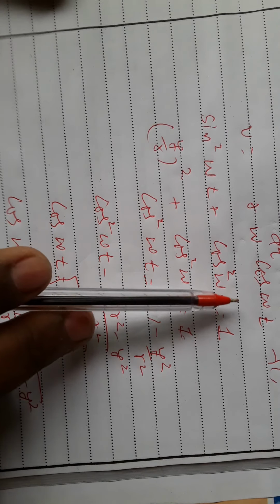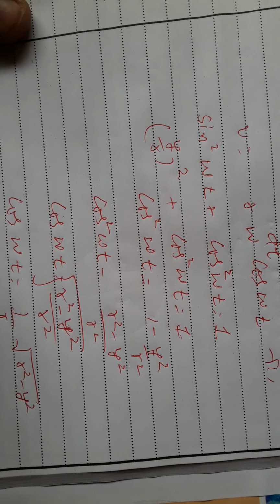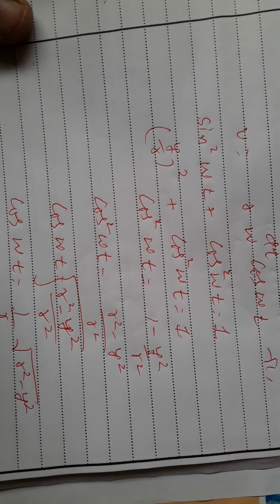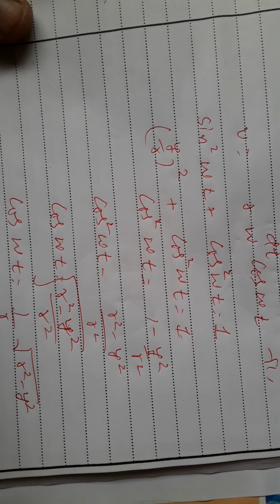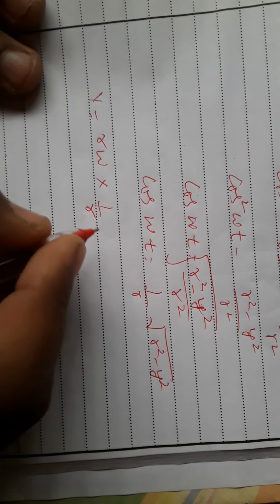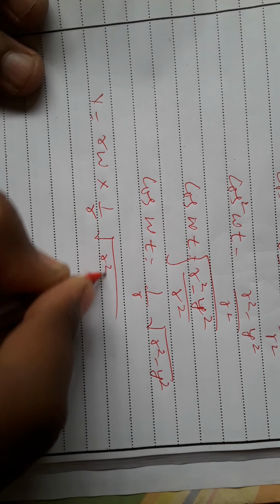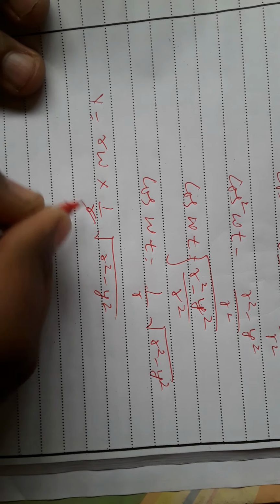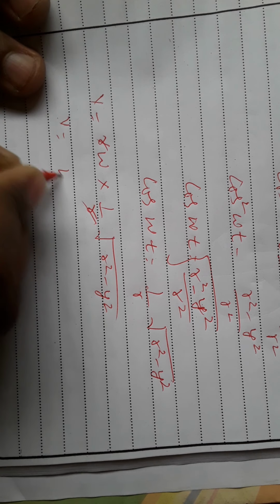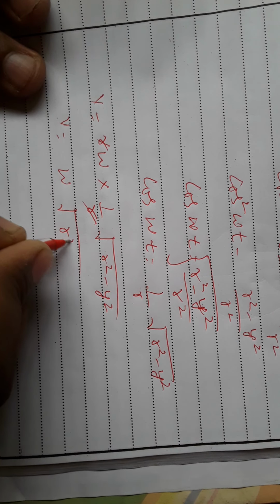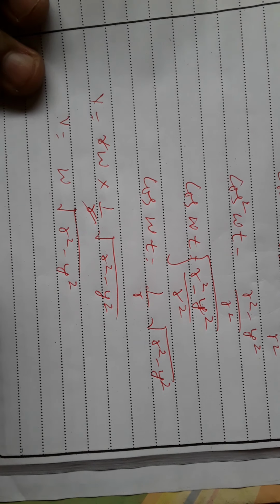In equation number first, we put the value of cos omega t here. So v is equal to r omega times 1 by r under root r square minus y square. It will be cancelled. V is equal to omega under root r square minus y square.